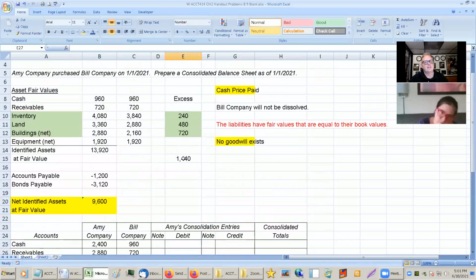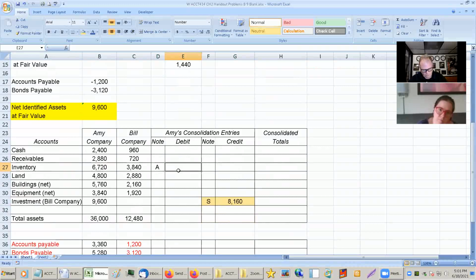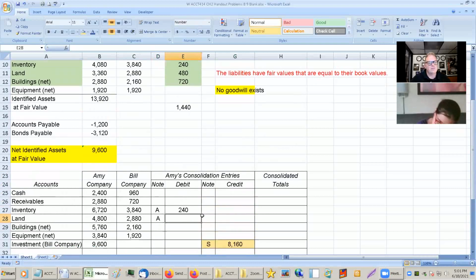This is the A in SADI. Land gets an additional 480. And buildings gets an additional 720.